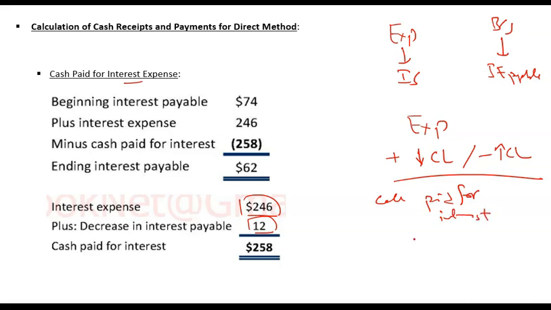So let it be purchases, operating expense, wages, interest expense, or tax expense, whatever, the concept remains the same. You take the expense, you add the decrease in current liabilities, and you subtract the increase in current liabilities, and that gives you your cash paid.